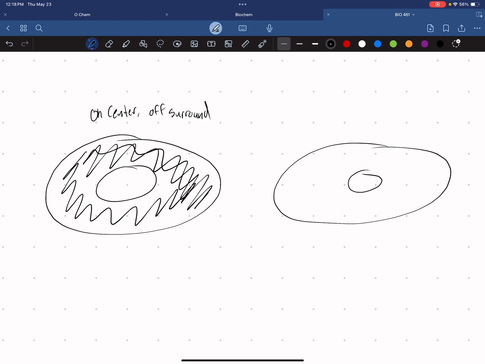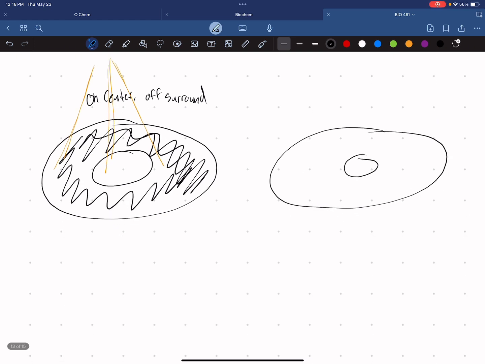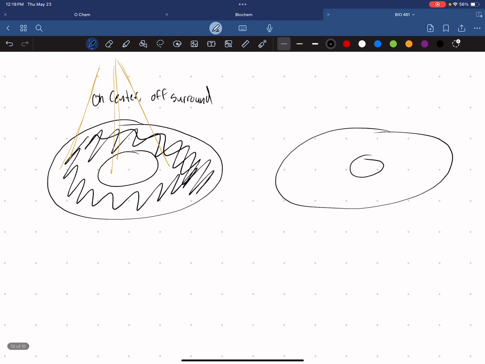And so if light comes in and is hitting all of these places here, we know that the surrounds are off, so the light will not cause them to create action potentials. But because the center is on, we know that those action potentials are going to happen.